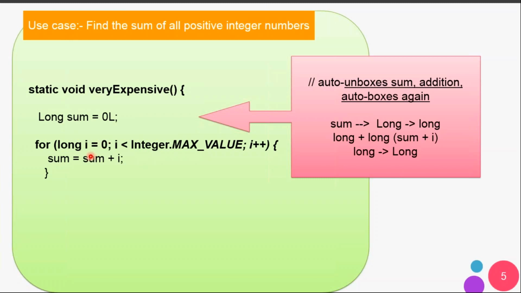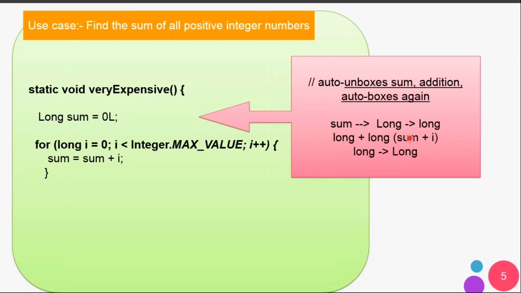So in the first case, auto unboxing would happen because some data type has to be converted into the long type. You can see here that sum has been converted from the wrapper type Long to the primitive long. Now what is going to happen in the next step? The addition operation would be performed on these primitive types, like sum plus i would happen now.